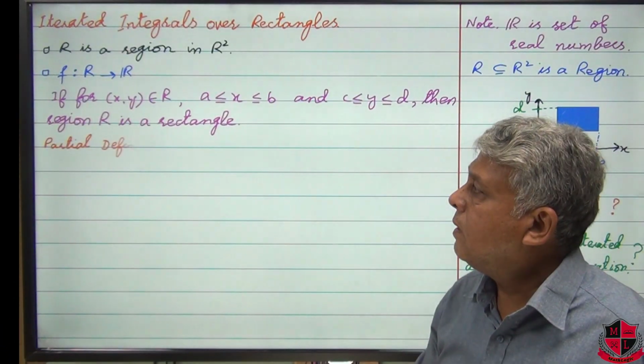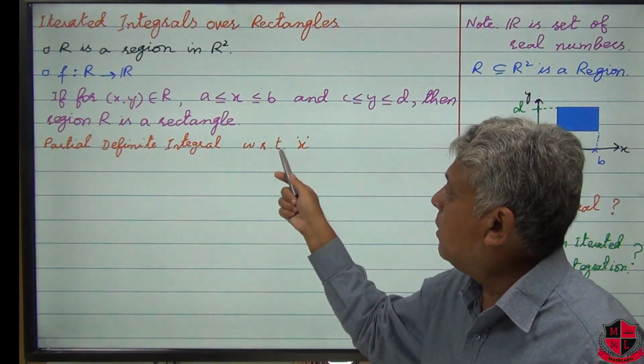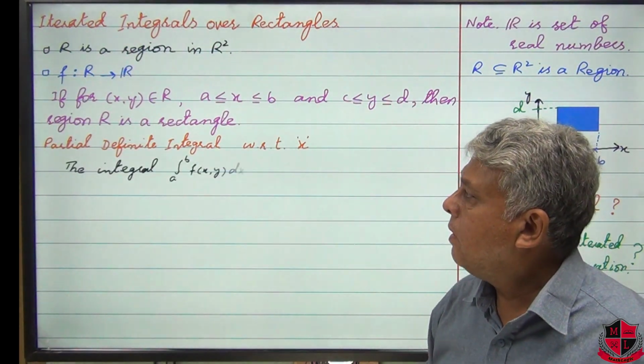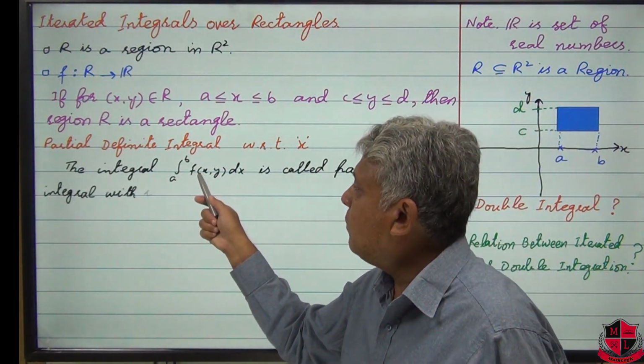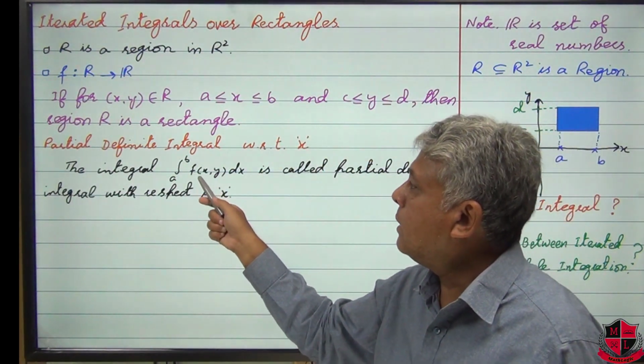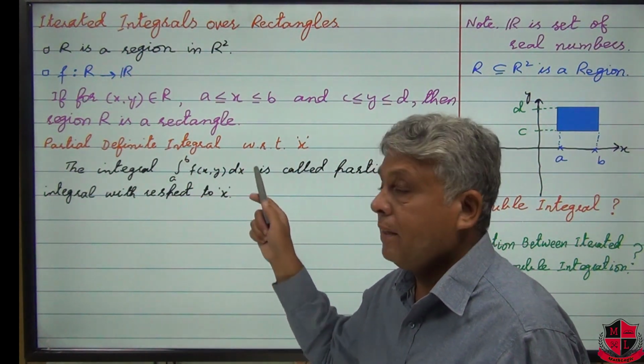In today's lecture, our first definition is the partial definite integral with respect to x. The partial definite integral with respect to x of the function f over the rectangular region R is denoted as the integral from a to b of the function f of x y dx.